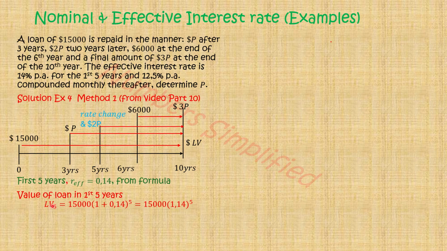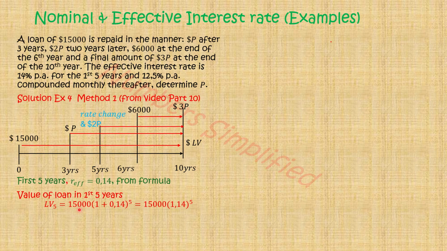We do so because we know that beyond the first 5 years, the rate would change. So in the first 5 years, the value of the loan is going to be LV5. So the 5 represents the time period so that we are not lost. We are on the same page.